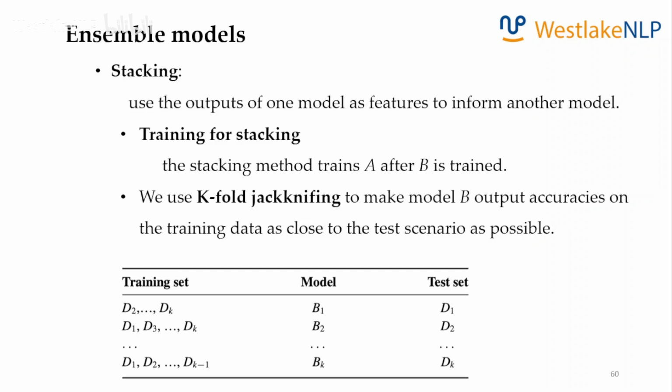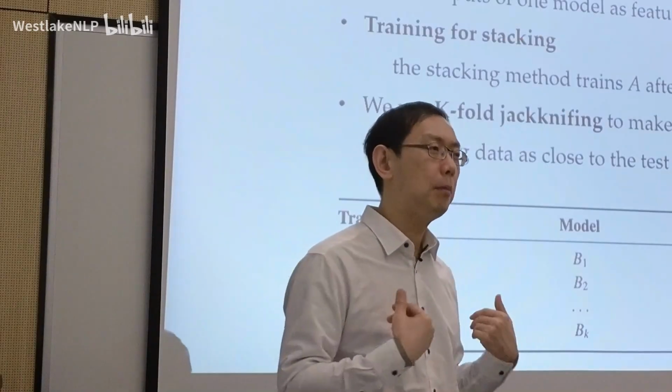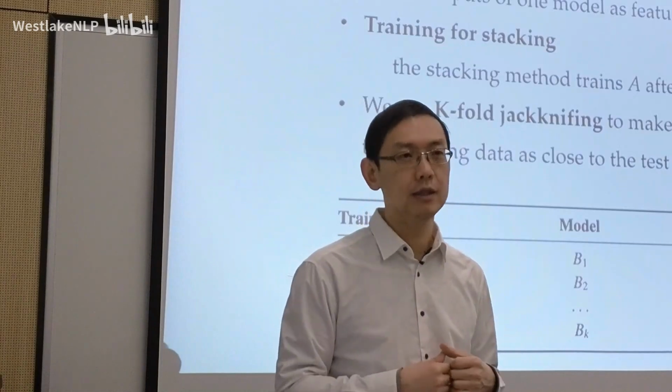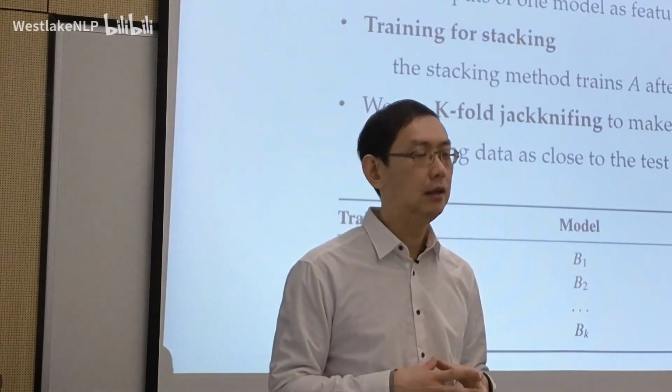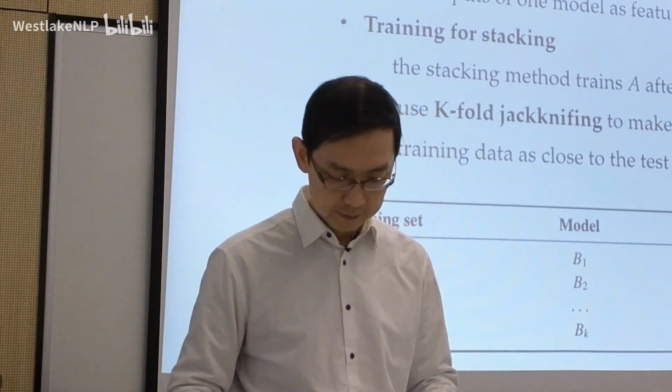We train my teaching assistant using the other k-1 folds before letting my teaching assistant predict the held-out fold. We do this in a rotating manner so that every training instance is predicted as a test instance. Then I can train myself using the predictions, and I can perform better during testing. This is called k-fold jackknifing.